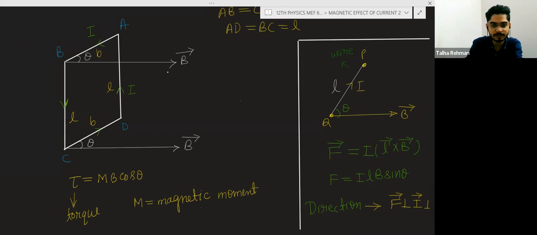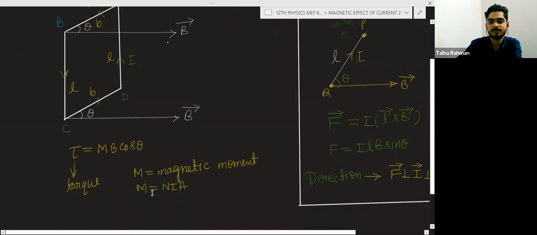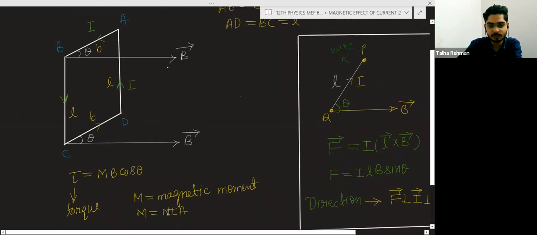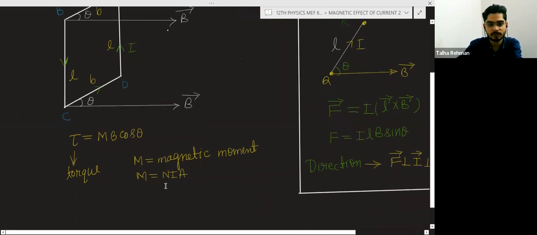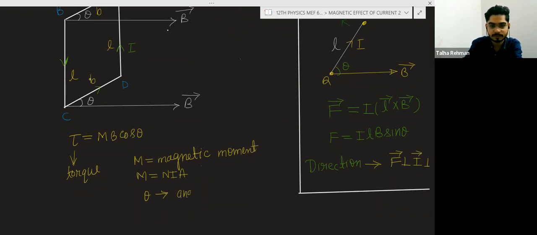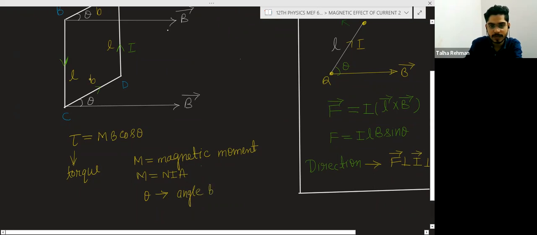Magnetic moment is given by number of turns in the coil, current in the coil, and area of the coil. This is the formula for the magnetic moment. Theta, what is theta? Theta is angle between the magnetic field and the plane of the coil.